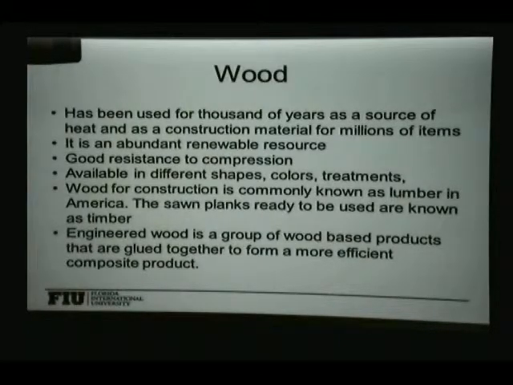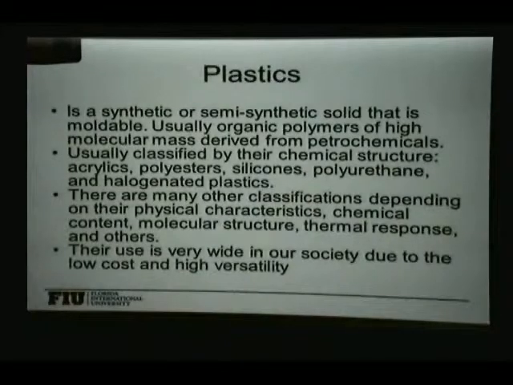Well, wood, pretty much everybody knows. Wood is one of the most known and well-used materials for construction. And we can have tons of elements made out of wood. Then we have plastic, which is a synthetic polymer made out of chemicals.